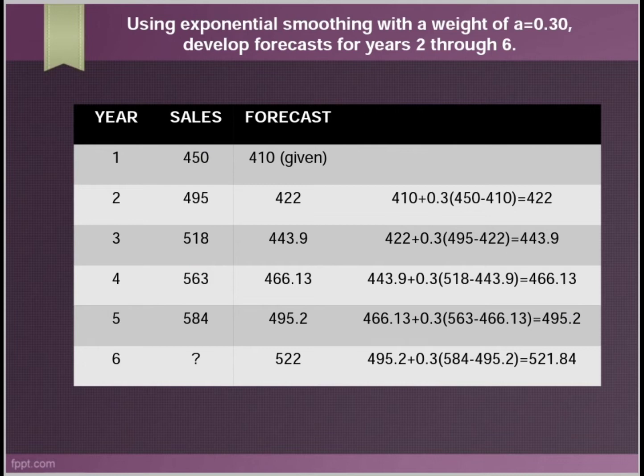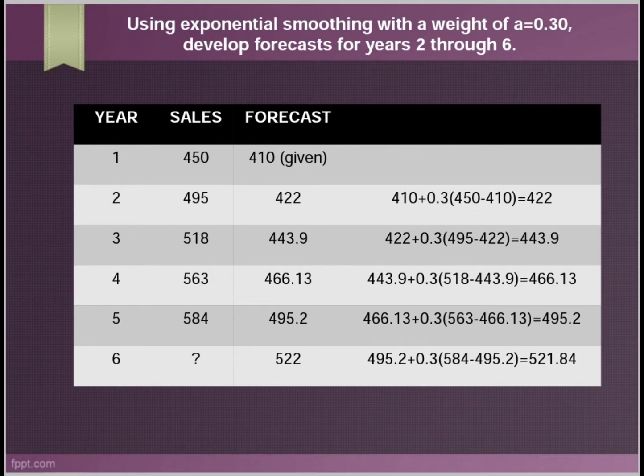So the 410, which is the forecast last period, add the alpha 0.3 multiplied by the difference between the sales last period, which is 450, less the forecast last period, which is 410 given in the problem. So we will get a total of 422 units. Next, third year.